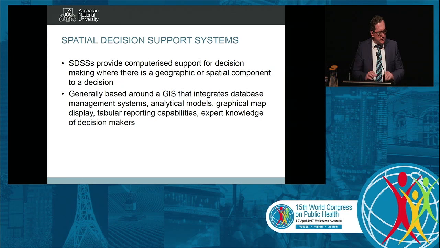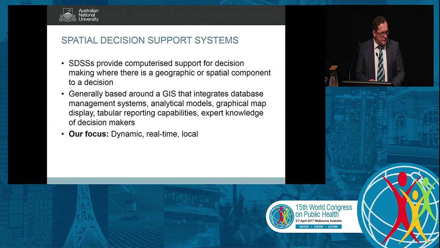And these systems are based on a geographical information system platform, but they have additional functionality, including things like analytical models, geographical or graphical map displays, tabular reporting capabilities, and expert knowledge of decision makers incorporated as decision support modules.